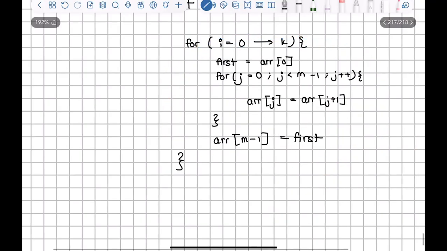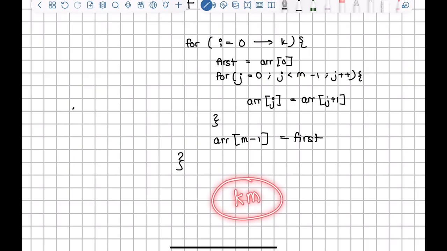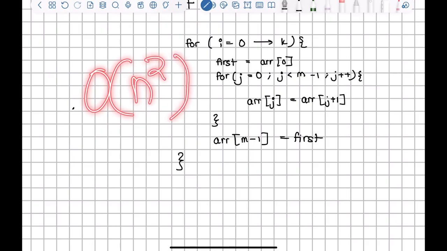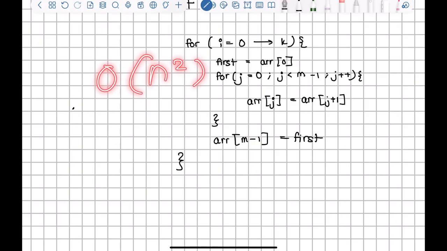I actually rotated it. I actually shifted each element once, k times. So this will be nothing but k times m. This is a huge complexity. This is an n squared complexity. We do not want this.